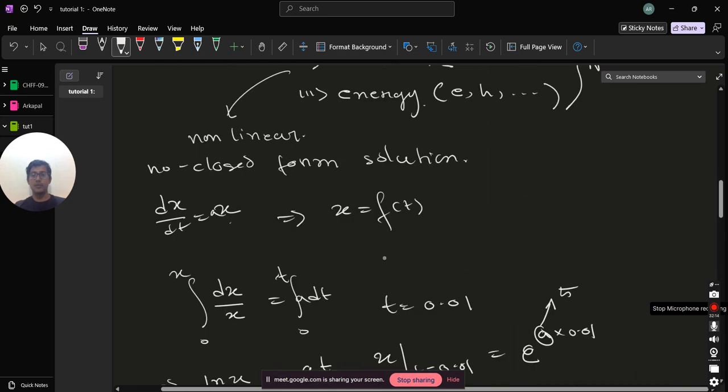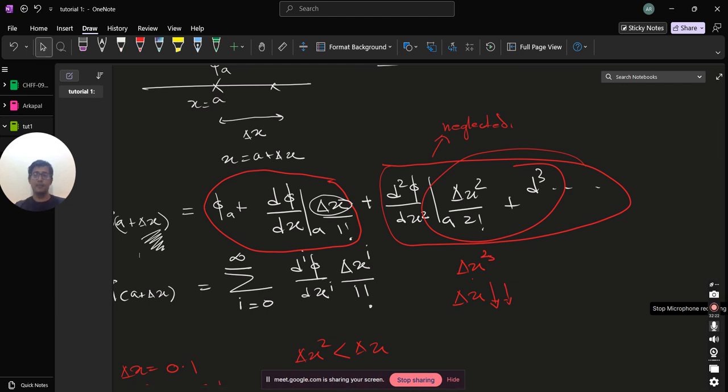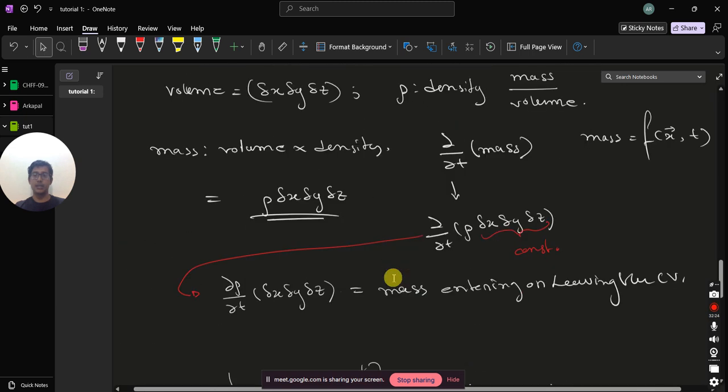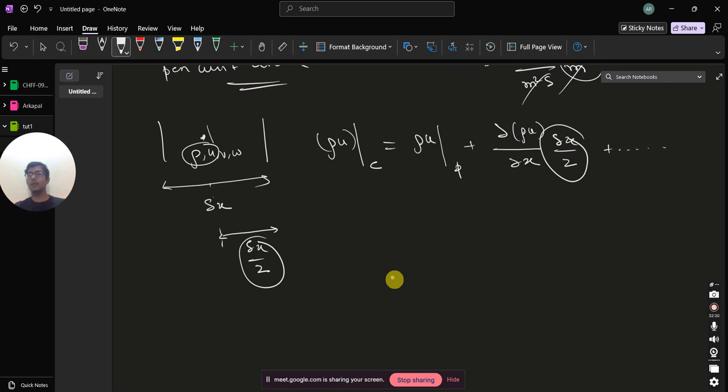Don't get confused with the Taylor series expansion where we multiply with delta x, because our separation was also delta x. But in this case our separation is delta x by 2, so that's why we multiply it with delta x by 2. And as you remember, all the other terms we will neglect. You remember why? We will neglect them because delta x is very, very small.